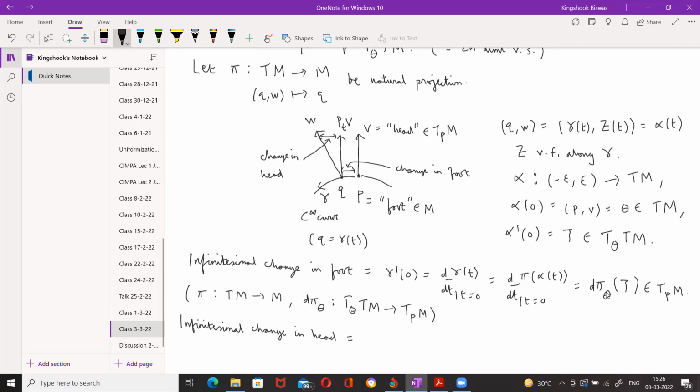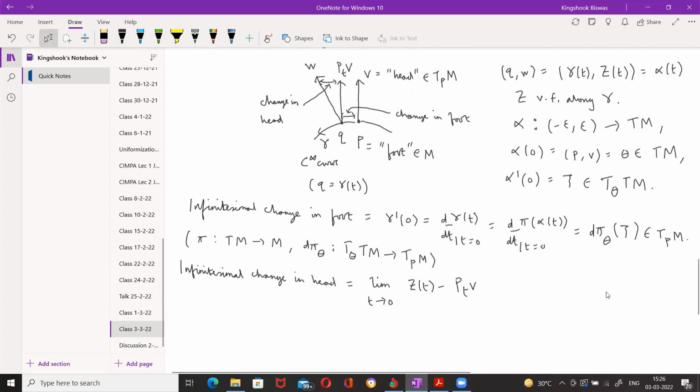So I can write this as the limit as t tends to 0 of z_t minus p_t v, divided by t, right? Okay.